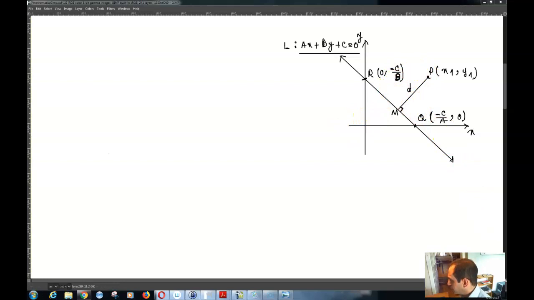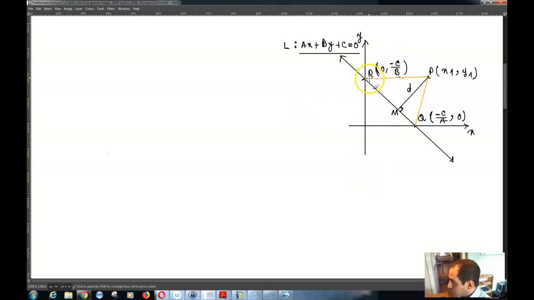You can imagine that we have this triangle. So the coordinates of this point: your x is equal to 0, and negative c by b is the y coordinate of this point.